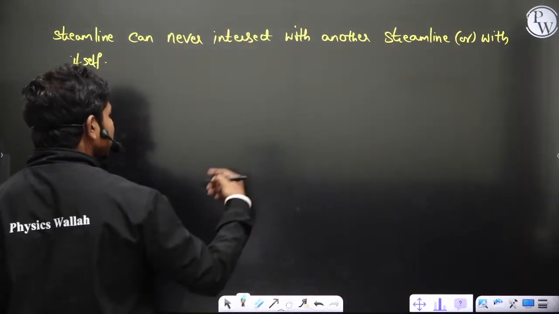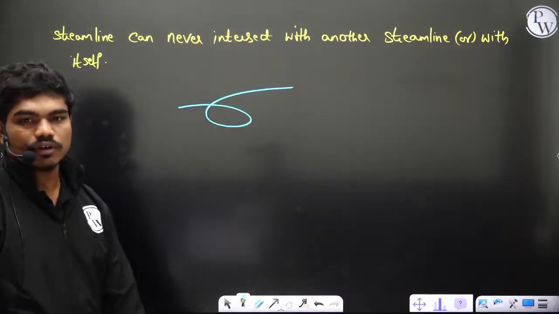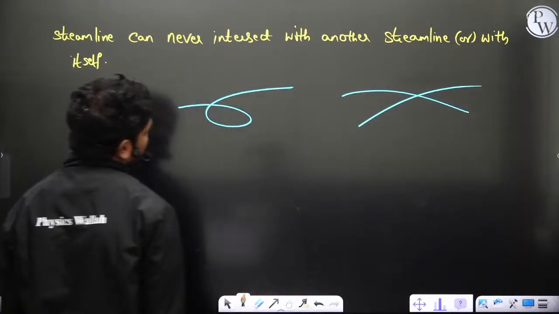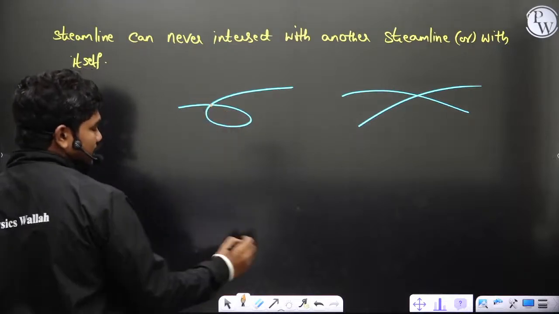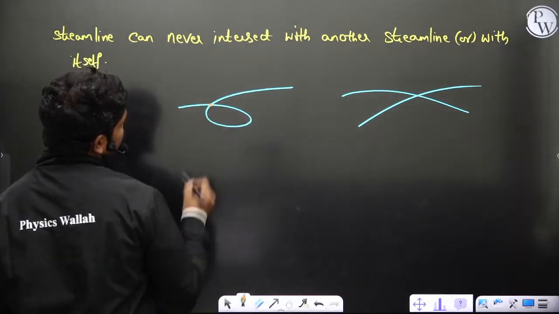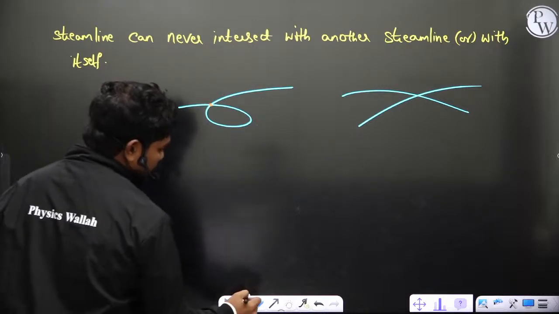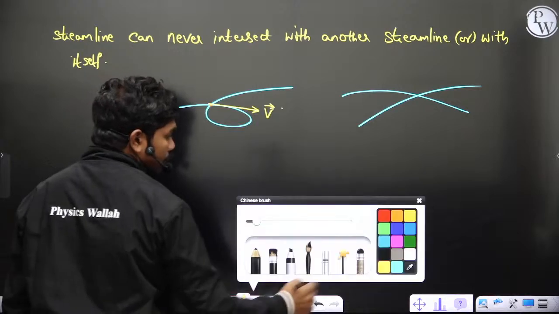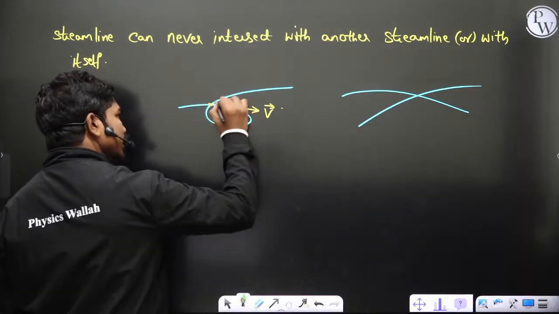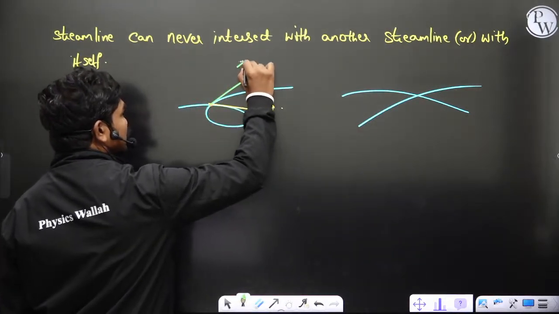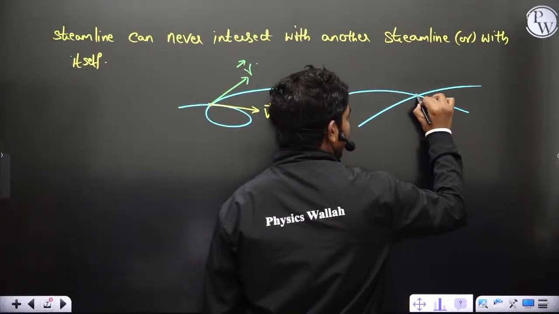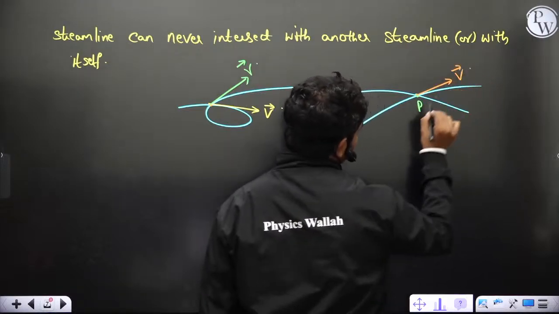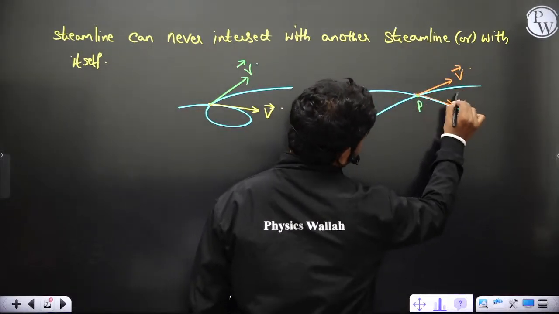Suppose two streamlines are meeting like this. At this point, if you try to draw the tangent for the bottom part of the curve, the tangent could be something like this, yes or no? And at the same point, when it's going in the reverse direction, the tangent is like this. Similarly here, at this point P, the tangent to one curve is like this, so the velocity is in this direction, and the tangent to the other is in this direction.